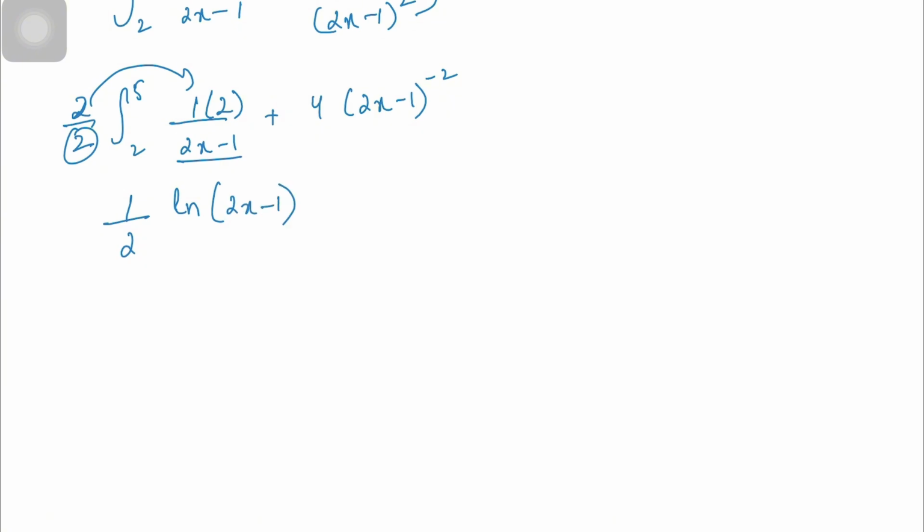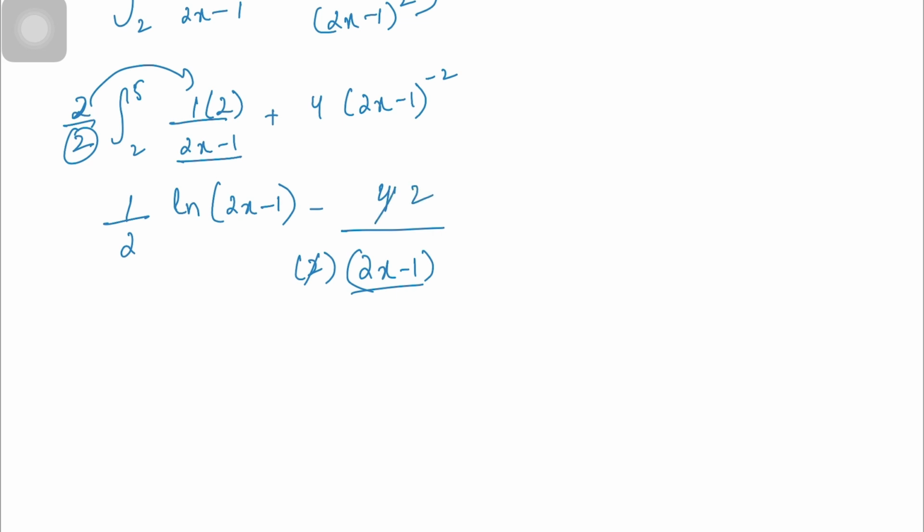This would be integrated by adding one to the power, so this would be negative 1, and this negative 1 would be multiplied, so this would be negative 4, and then the power would be reduced. So this would be 2x minus 1 to the power 1, and then this differentiation would be multiplied.